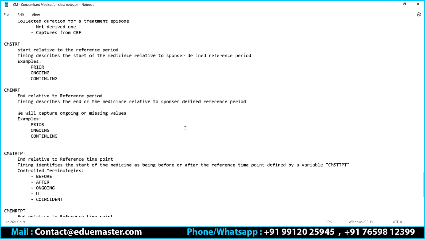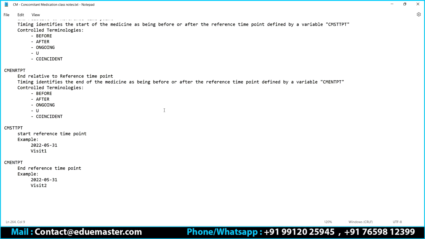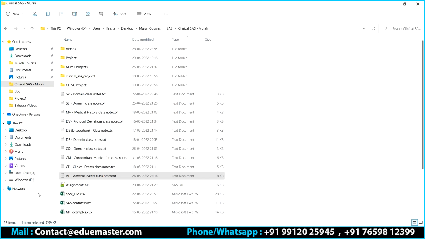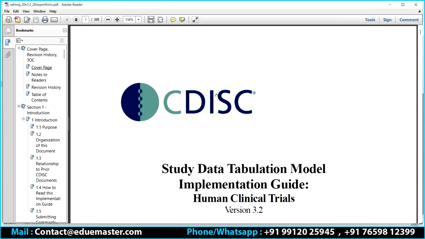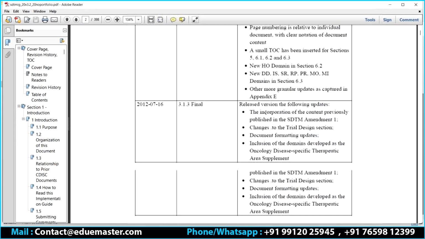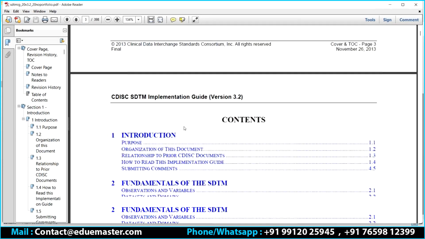Okay, so can we quickly look at some of the examples as well, right? So directly I'm going to take these particular examples directly from your SDTM implementation. Directly I take it from here. I'll explain here, and later on I just prepare notes for it and I can do it.